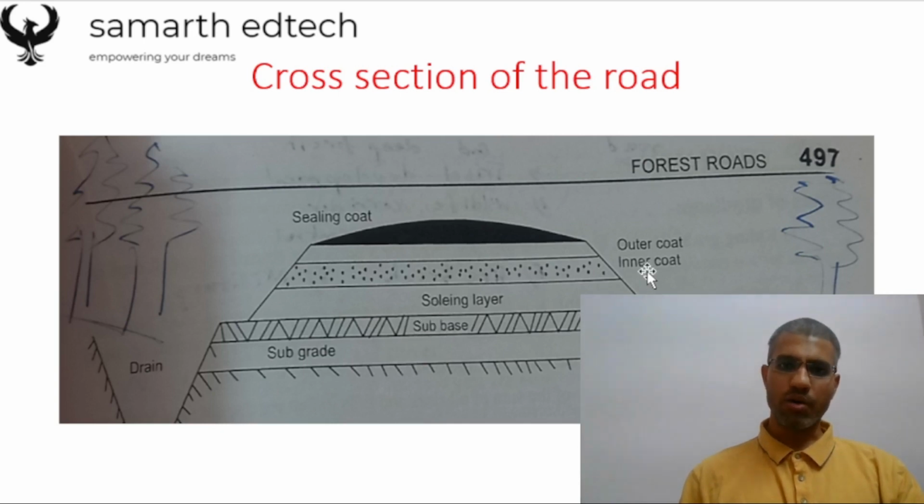Similarly, inner coat and outer coat is there, sealing coat is there, drainage is there. And let's say if they ask you to draw the cross section of the road in a hilly region, the road design is going to be the same. You just have to make these sort of trees so as to represent that this is a forest area in hilly terrain.